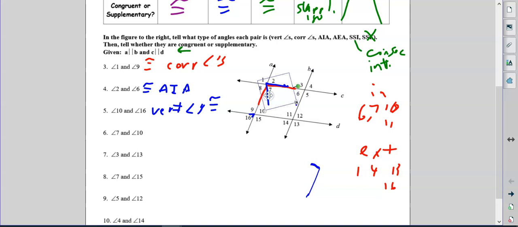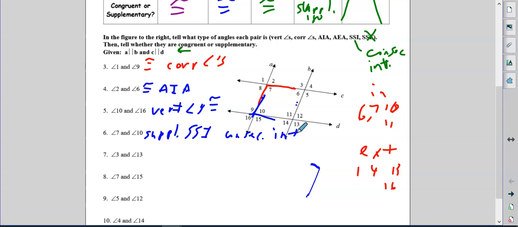So we have an acute and an obtuse. They are not the same. We do not want to say they are equal to each other. And whenever we have a situation when they're not equal, that means they are supplementary. All right? And we can call this SSI, same side interior, or what we've been calling it, consecutive interior. And I will remind you on the test about those two being interchangeable.